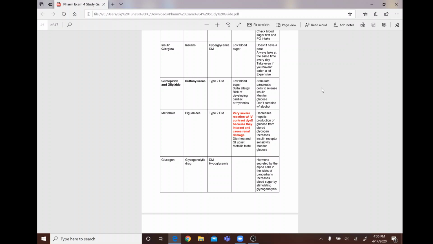Major severe reaction with IV contrast dye because they interact and cause renal damage. You also have diarrhea, GI upset, and metallic taste. What do we need to know when someone takes metformin? Monitor glucose.